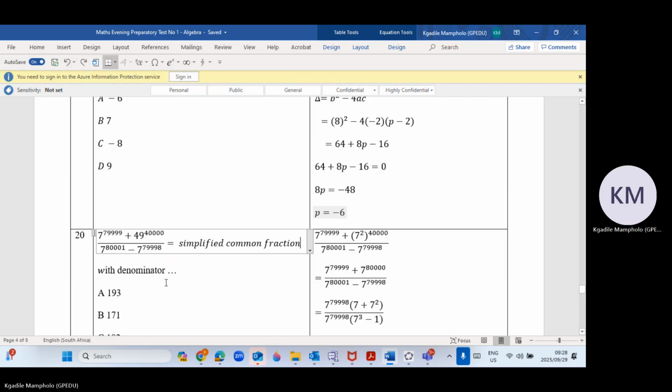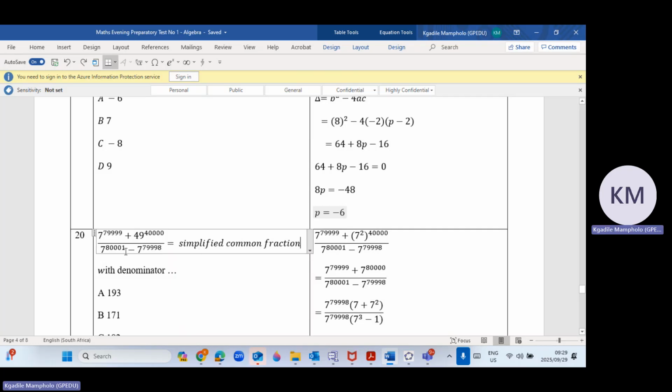The reason why I didn't just say simplify this, I said the simplified common fraction of this, the denominator of the simplified fraction in this case is what? I wanted you to do this without a calculator so that it gives you a fraction, and then I want only the denominator of the fraction. But if you just use a calculator, it will not give you that denominator.